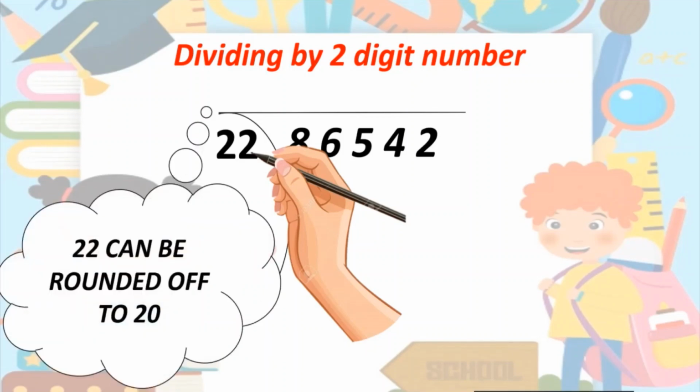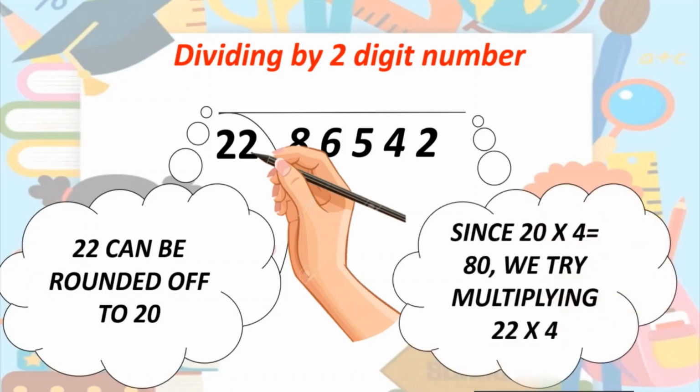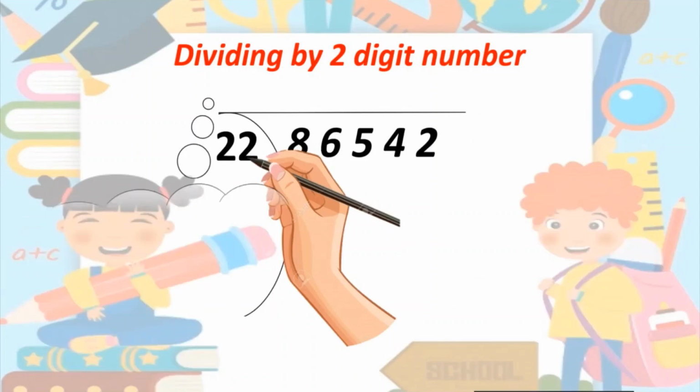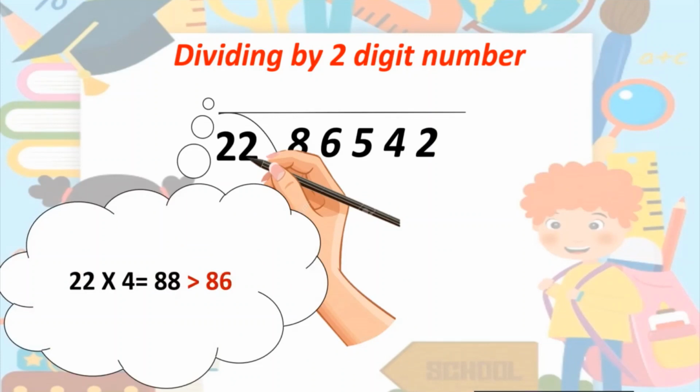Now using the trial and error method, we find 20 multiplied by 4 is 80, which is less than 86. So let us multiply 22 by 4, which is 88, which is greater than 86.